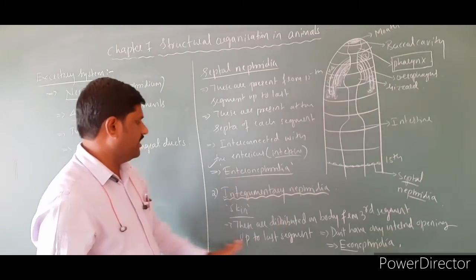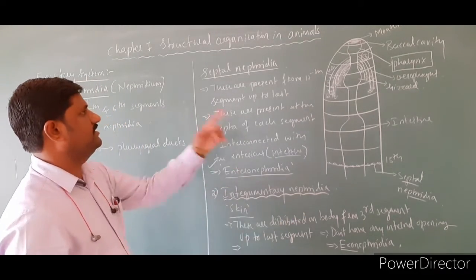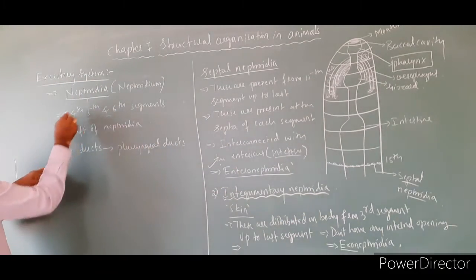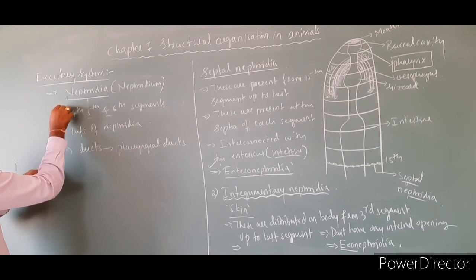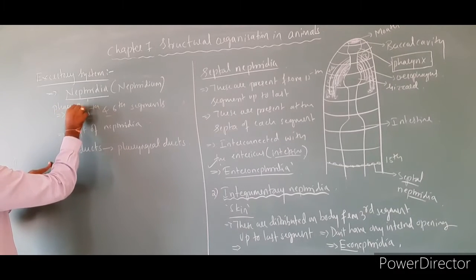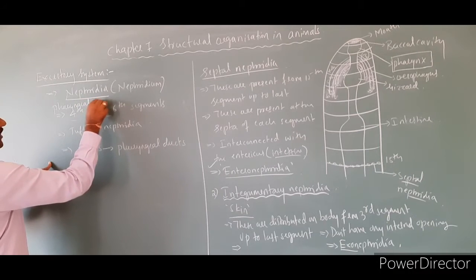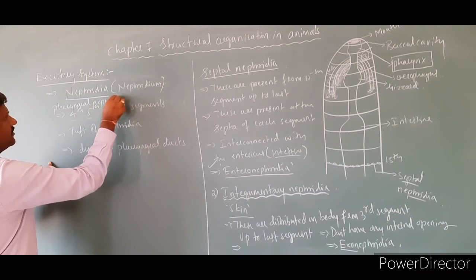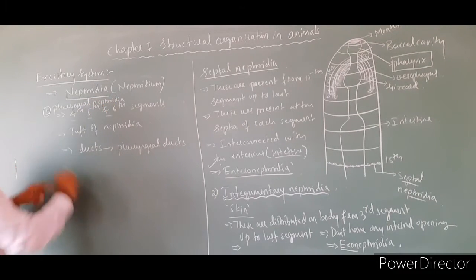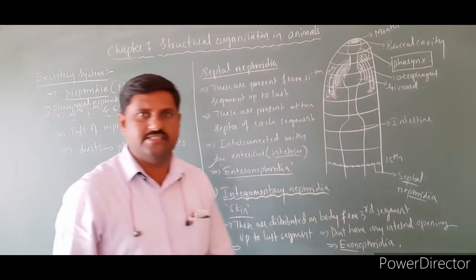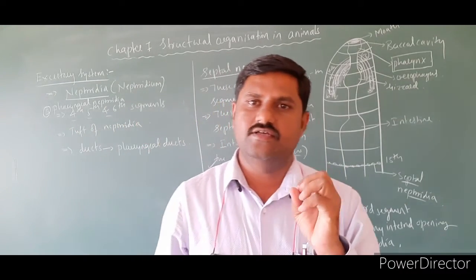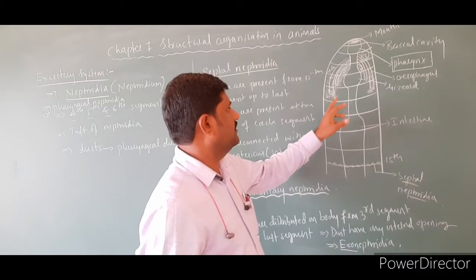So this is about another type of nephridia, that is integumentary nephridia, and the last one is pharyngeal nephridia. Pharyngeal nephridia is the third one. These are 3 pairs of ducts.